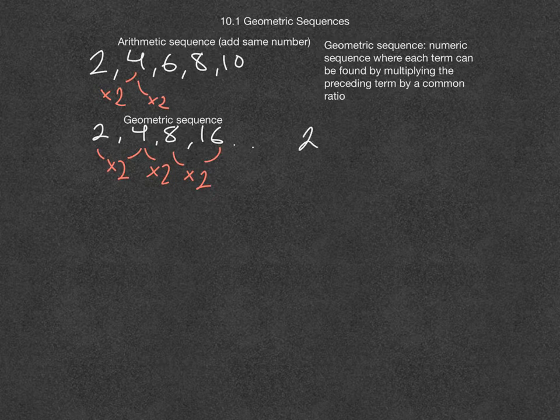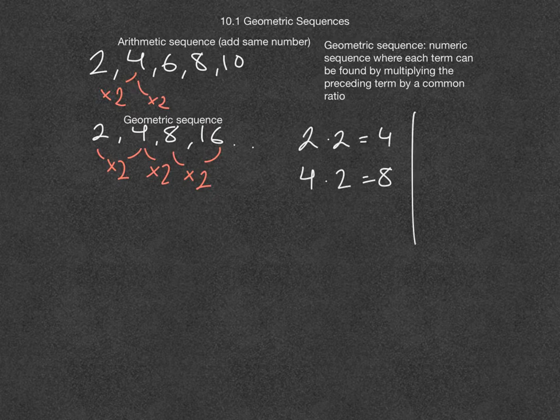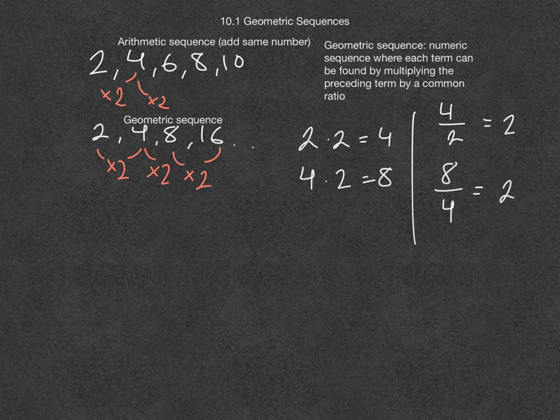When we have that 2 times 2 is 4 and 4 times 2 is 8, we can also frame these as 4 divided by 2 is 2 and 8 divided by 4 is 2.